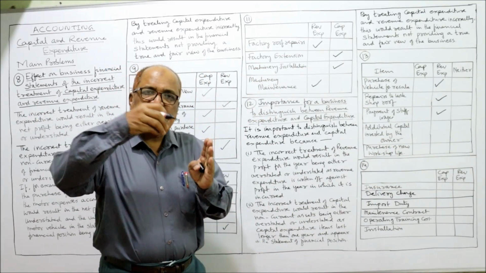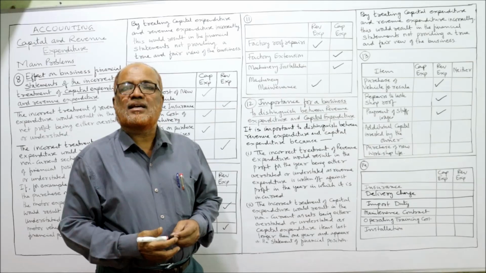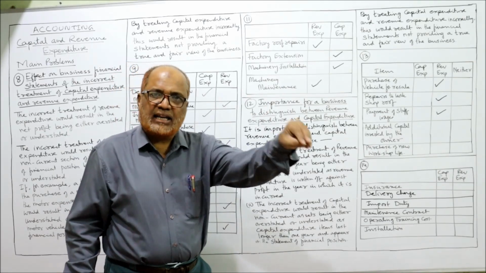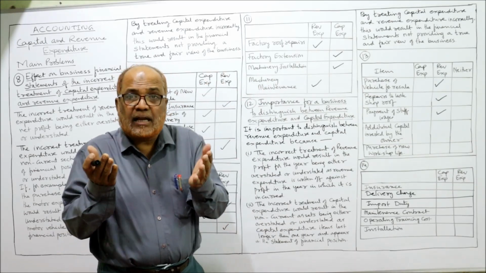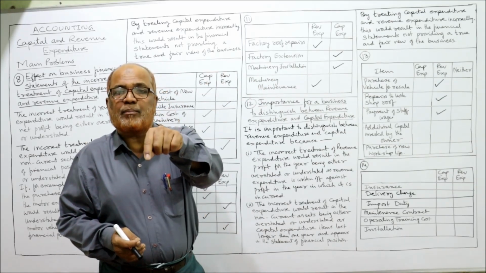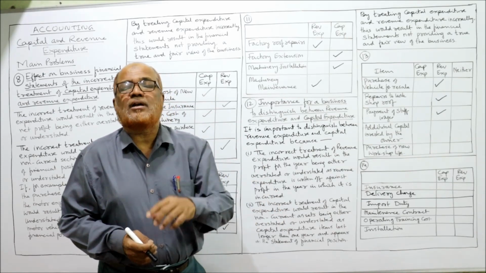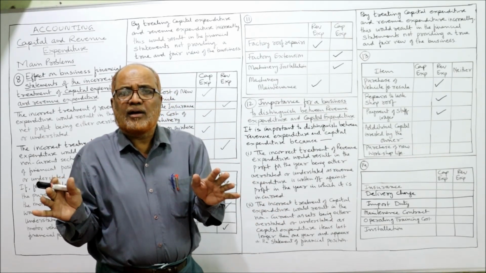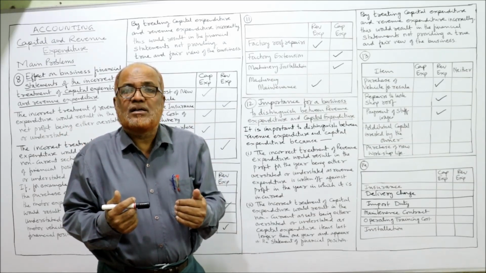Additional capital invested by the owner. When the owner invested additional capital in the business, it is a capital receipt. It is neither capital expenditure nor revenue expenditure. It is not an expenditure at all. It is the money received by the business from the owner.